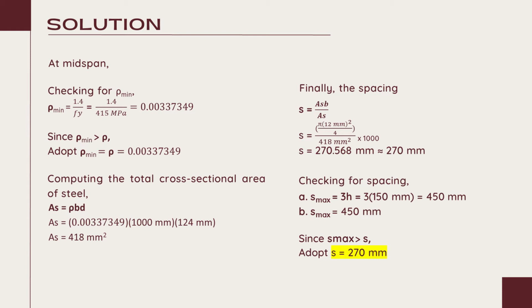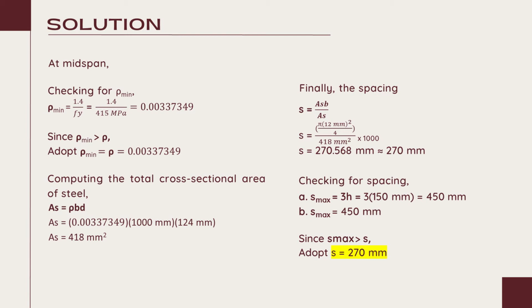Since the minimum reinforcement ratio is greater than the value of computed reinforcement ratio, the minimum reinforcement ratio will be used. Then, computing the total cross-sectional area of steel bars, which is equal to reinforcement ratio multiplied by the length of strip of slab and the effective depth. The answer is 418 square millimeters.